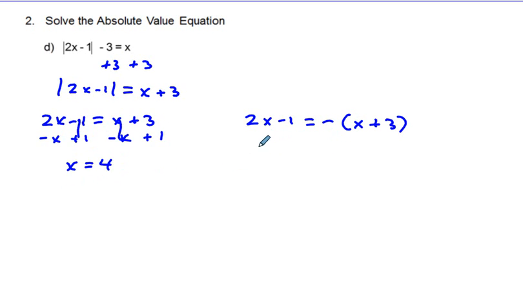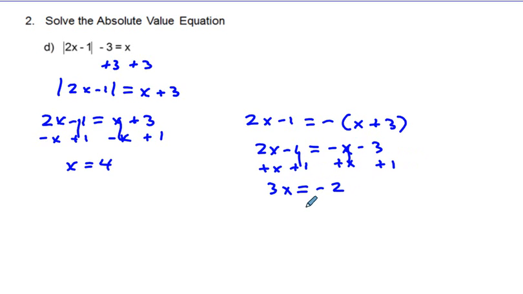And then for this other one, we're going to have 2x minus 1 is equal to negative x minus 3. And we can add x here and add 1 here. So we have 3x is equal to negative 2.